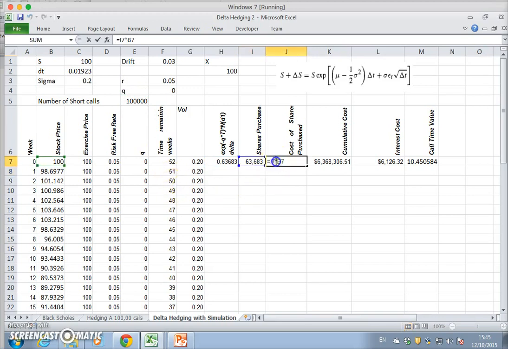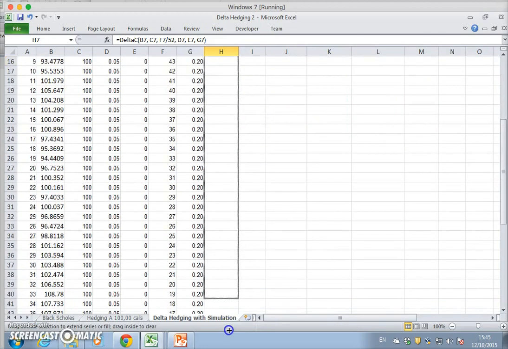So that's 63,000. That's the price by the number of shares we had to go long, and this is the cost. So let's just take these three together. Let's take these two together. No, delta. Let's just generate delta by itself.